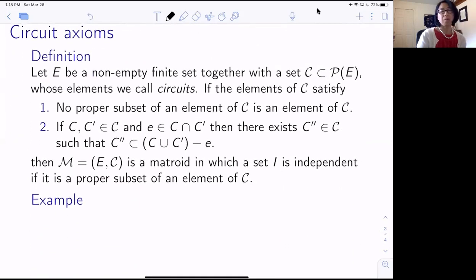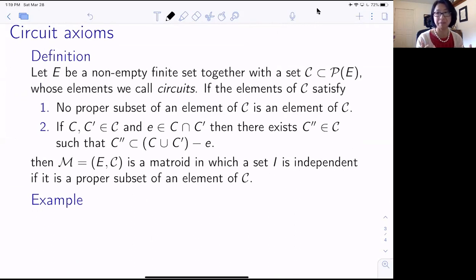So we can actually specify a matroid by giving a non-empty finite set E and then the set of all its circuits, all of its minimally dependent sets. And the axioms that the circuits would have to satisfy are what we see here. No proper subset of an element of script C is an element of script C, so that no circuit is a proper subset of another circuit.